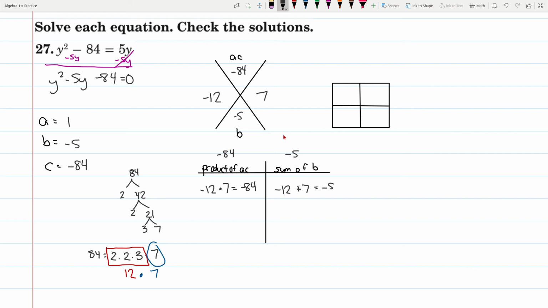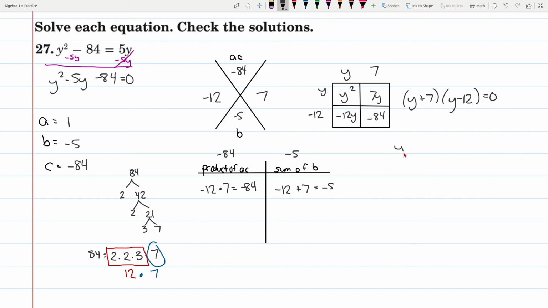Tough to find, but maybe the factor tree can help. So we have our y squared, our negative 84, our negative 12y, and our positive 7y. You pull out the y, you have a y and a 7, a y and a negative 12. So y plus 7 times y minus 12 is going to equal 0.